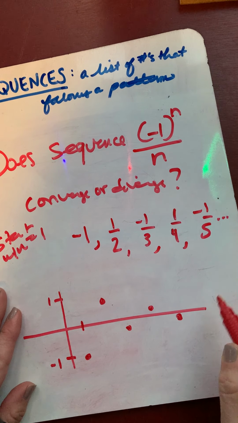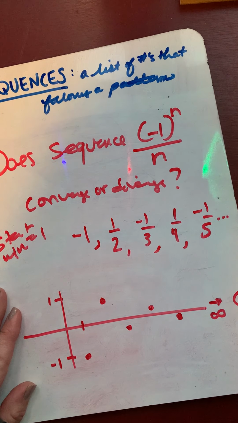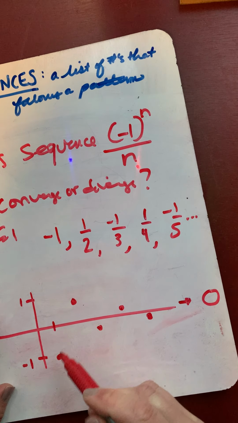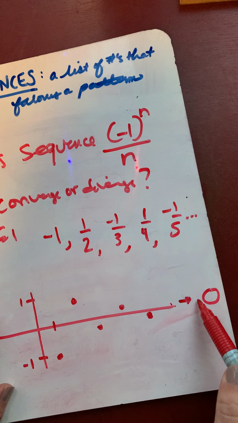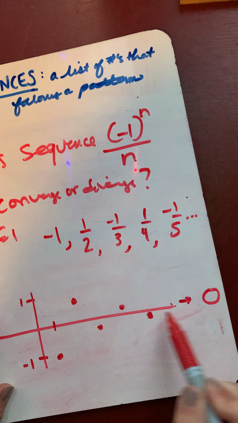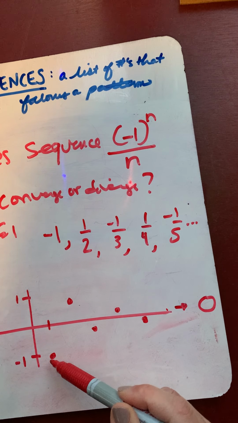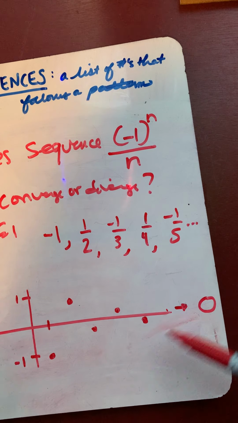I'm getting closer and closer as I go to infinity to 0. So as I continue along and I have -1/5, +1/6, -1/7, +1/8, I'm getting closer and closer to a y value of 0 there. So this is a good way to think about an oscillating sequence that does converge.